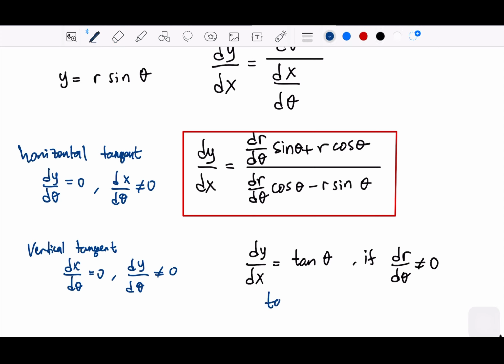This is the tangent line. Tangent lines at the pole.